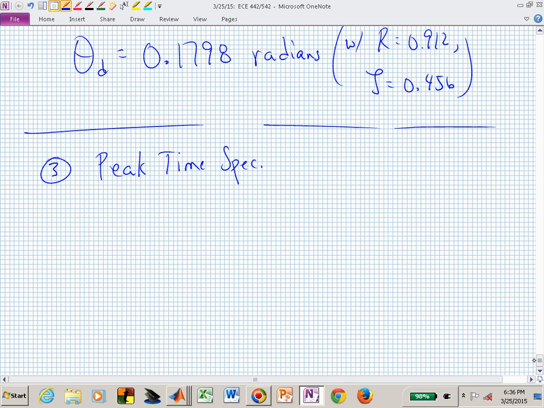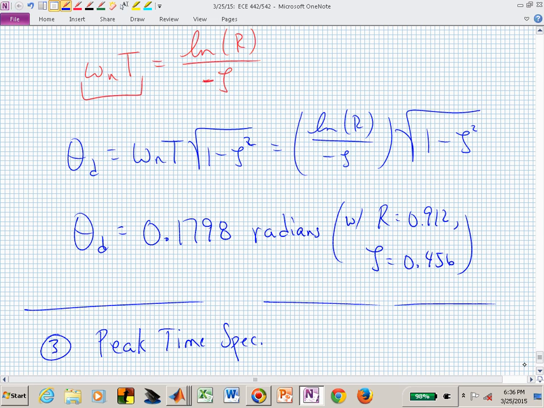Do you have any idea? Pardon? Yeah, it could be the same. Let's say it's on either side. If the peak time spec gives us an angle that's bigger than this angle, are the specs consistent or inconsistent?